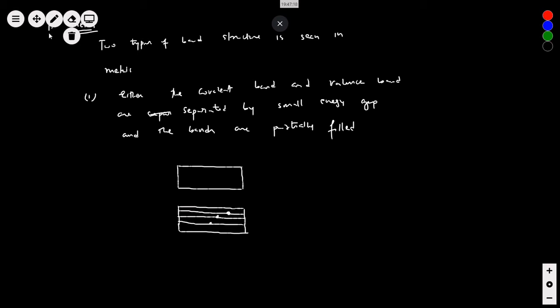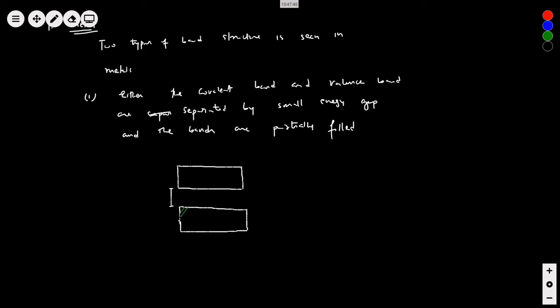I will show you this way, then it will be easy to understand. The gap is very less, less than 1 eV or something like that.